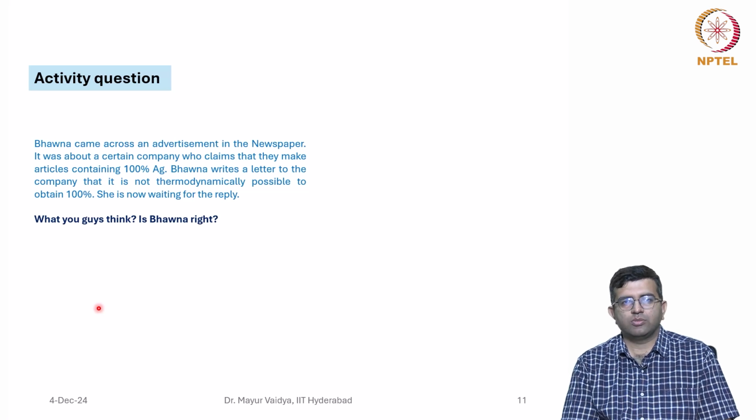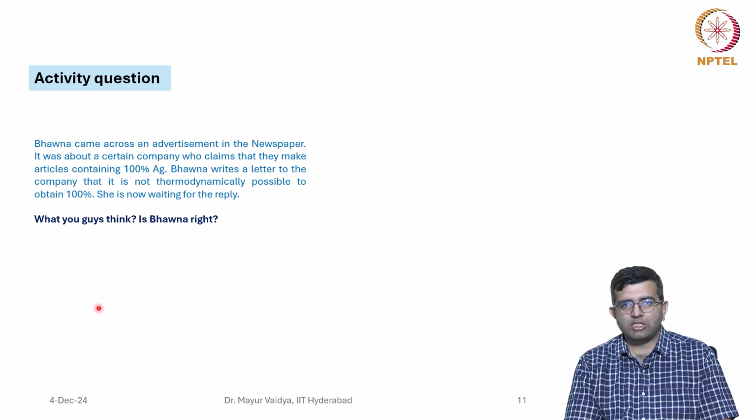Bhavna, being a TA for this course, understands thermodynamics very well, and she writes a letter to the company that it is not thermodynamically possible to obtain 100% of any metal, so 100% silver. Now, she is waiting for the reply. What do you think? Is she correct that it is not possible thermodynamically to obtain 100% Ag? Feel free to post your answers in the forum.